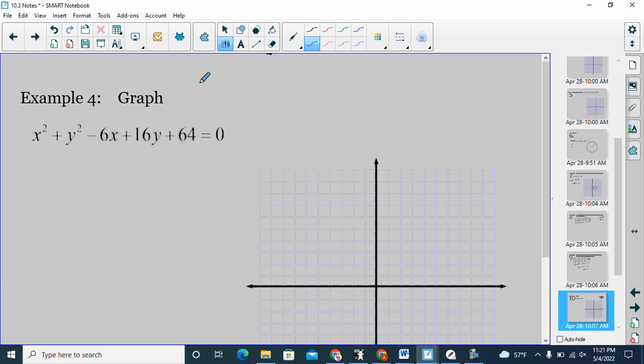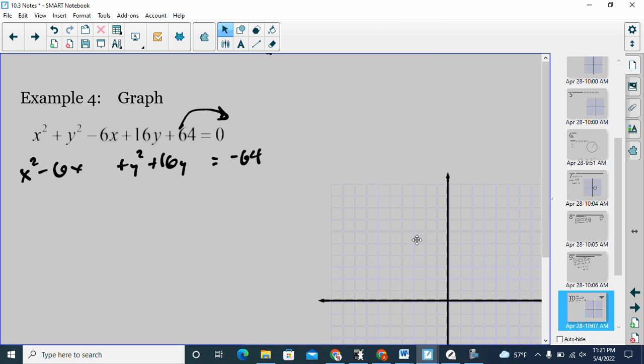First thing we need to do is change it to standard form. To do that, we are going to group the x's together, group the y's together, and move the constant over to the other side. Subtract 64 from both sides would give me minus 64 over there. We want to complete the square.